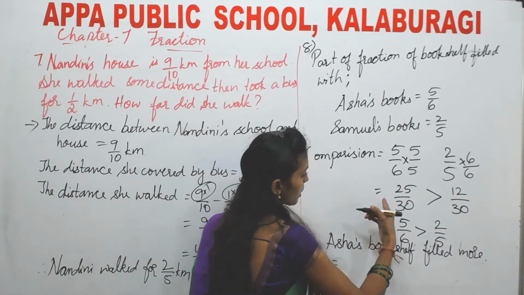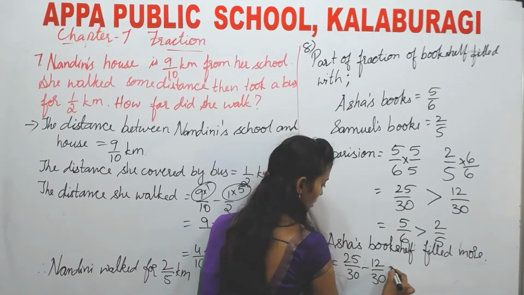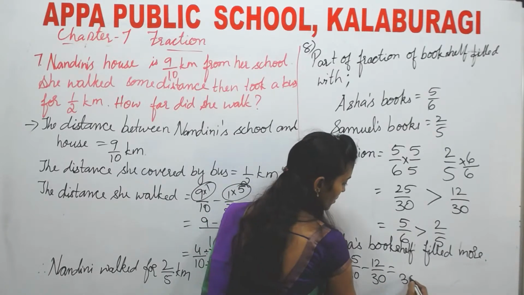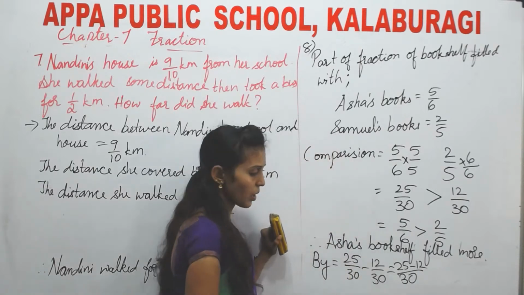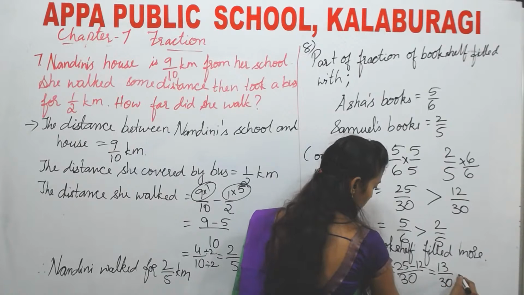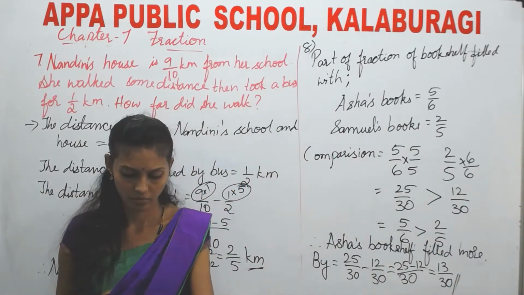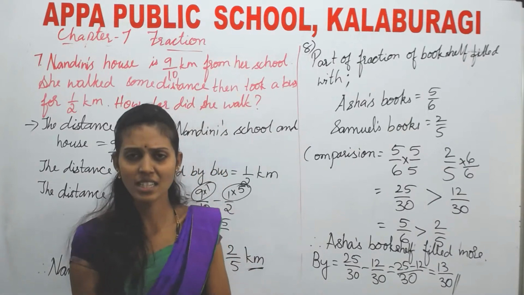Subtract these two: 25 by 30 minus 12 by 30. The denominator is the same, so 25 minus 12. 25 minus 12 is 13 by 30. Very easy, isn't it?